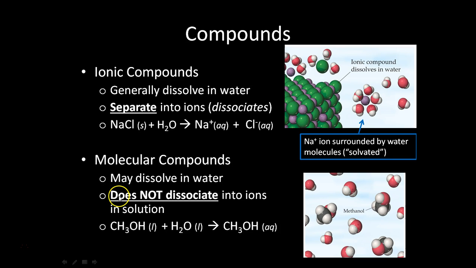And so we say that this solution is 2 molar with respect to the concentration of sodium ions and 1 molar for sulfate ions. If we were to total up the concentration of ions in solution, we would call it a 3 molar ionic solution. So 2.0 molar plus 1.0 molar would be 3.0 molar.